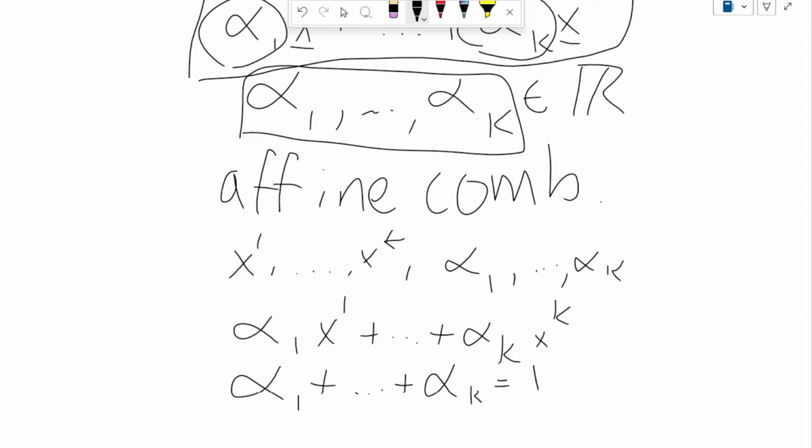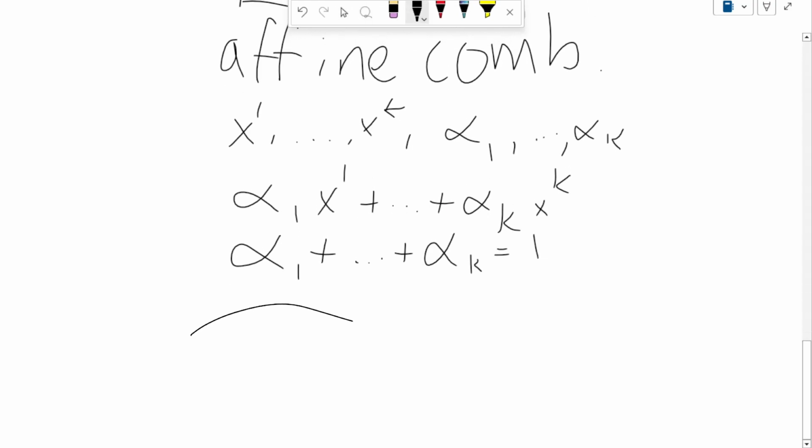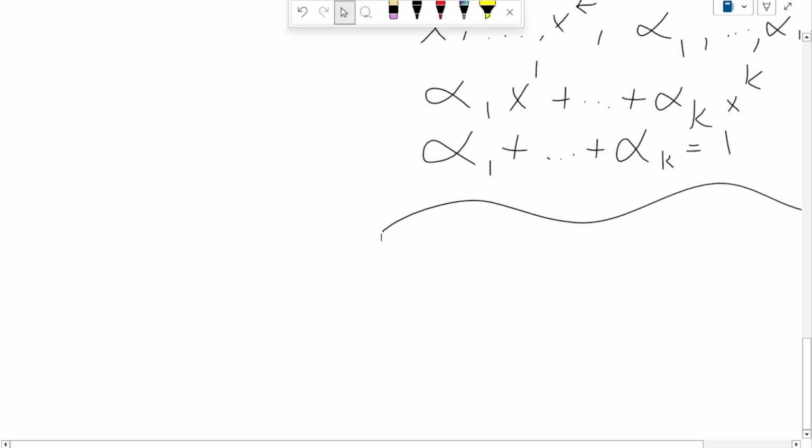But it turns out that this substantially limits the number of possible combinations that you can get, but not by too much. So, for instance, let's say I gave you 2 points in two-dimensional space.